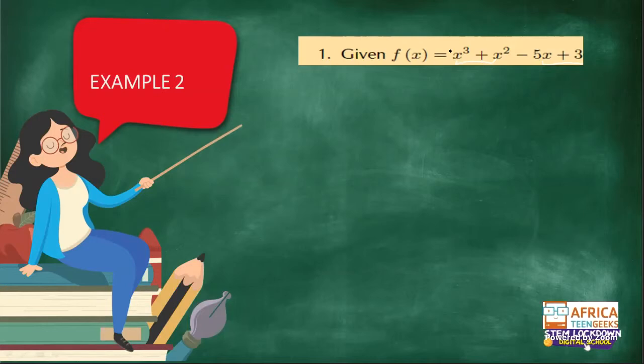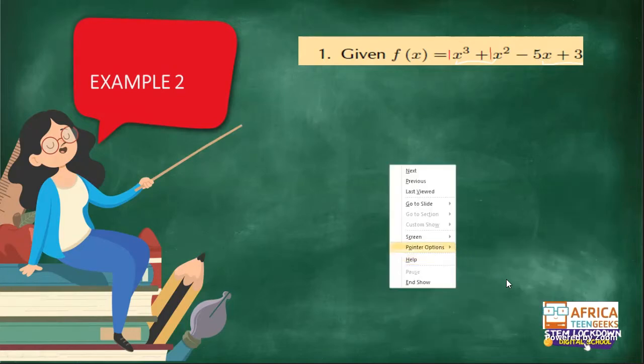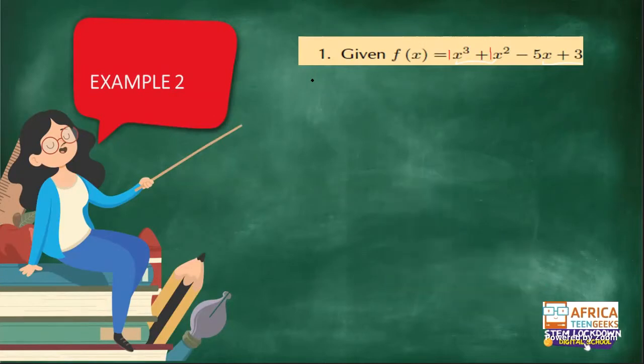Because this is 1, so you have 1, 1, minus 5 and 3, okay? So if you were to try grouping, you would find that the ratio of these two, which is 1 divided by 1, equals 1, okay?